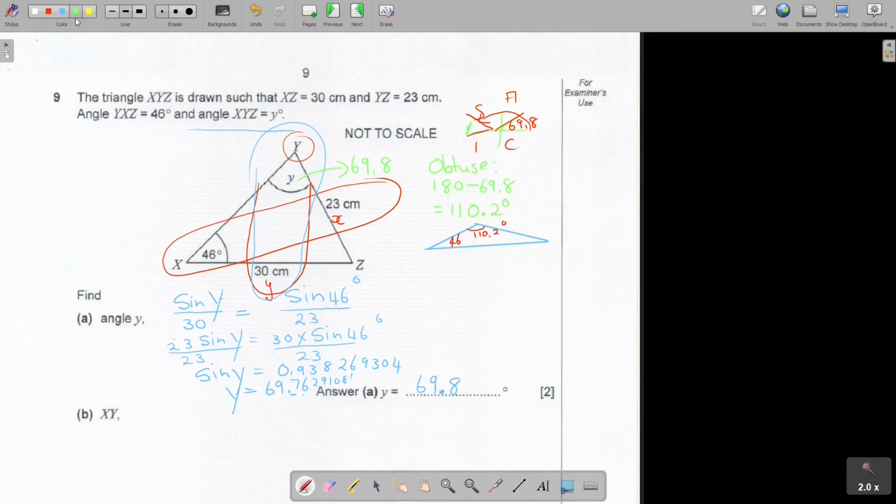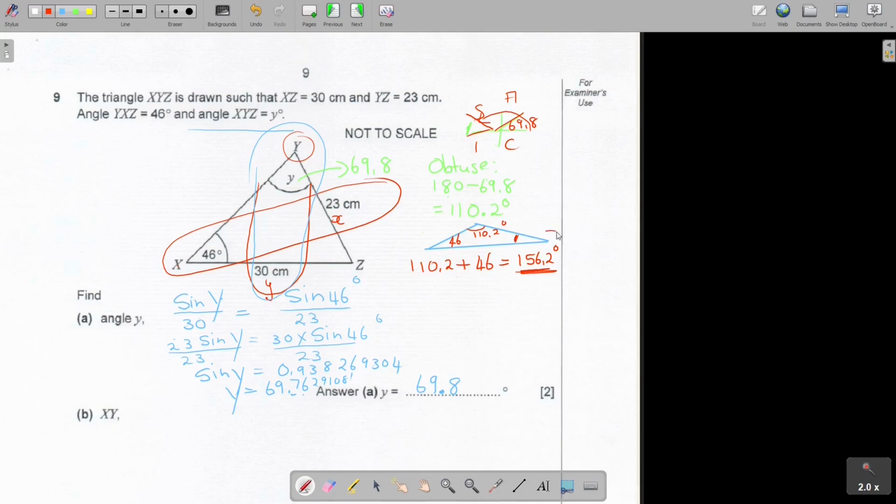So basically, I take 110.2 plus the 46, and then I'm going to get 156.2. Now, can you see there is still space up to 180 for that angle to form?